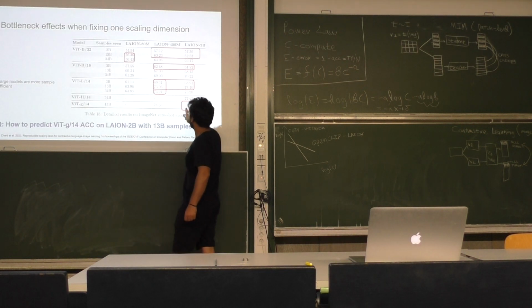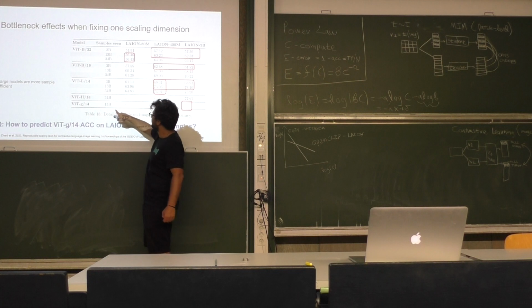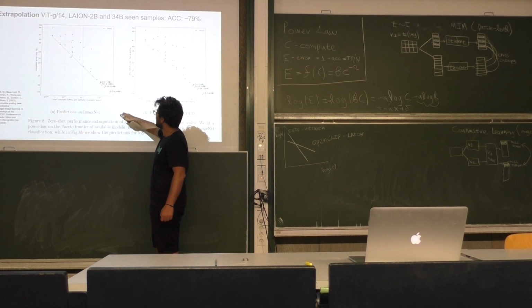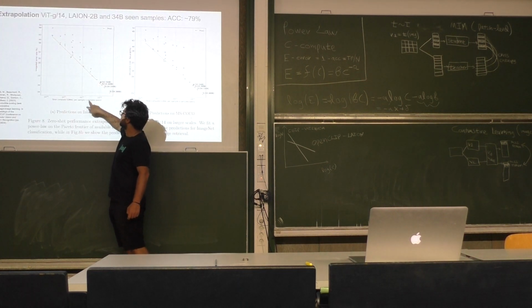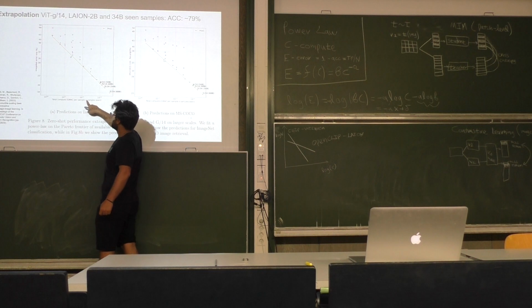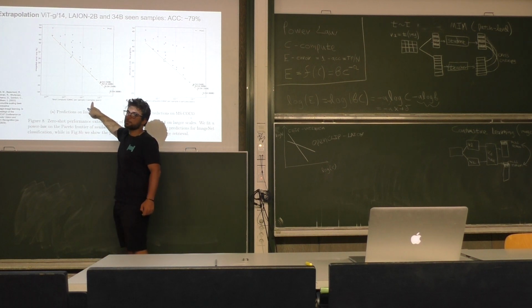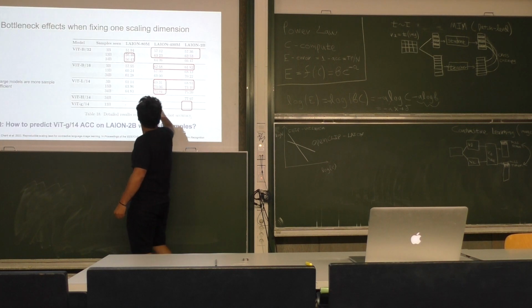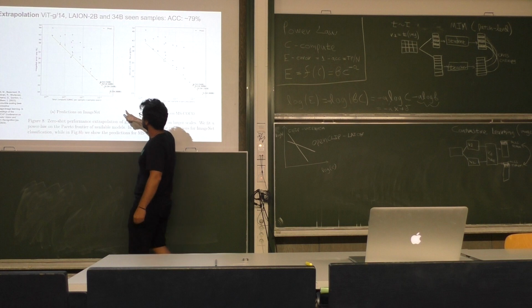We use this Z. So we want to predict this point. We choose the number of samples. We compute this Z max, the computational model complexity. Then we multiply with the number of samples we want to train the model on, so how much we want to train the model. And then we can predict this point.